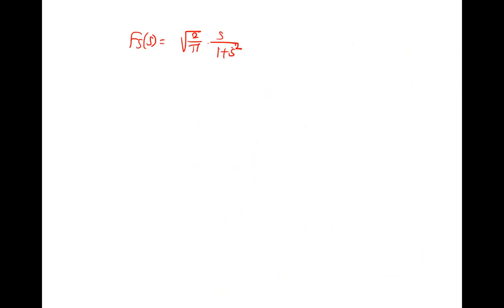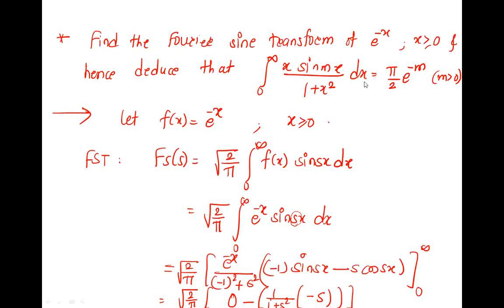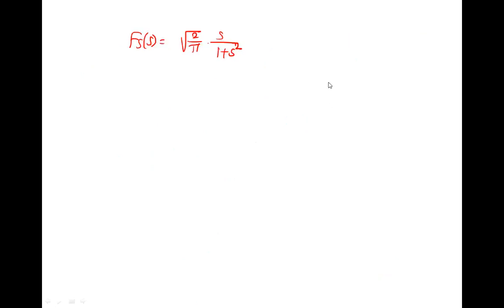Can you see it there? And hence deduce that s upon 1 plus s square. Yes, it is there. They have changed it to x finally. Okay, so now we have F_s. We can use the inverse Fourier sine transform, because we have used the Fourier sine transform, so we use its inverse itself.